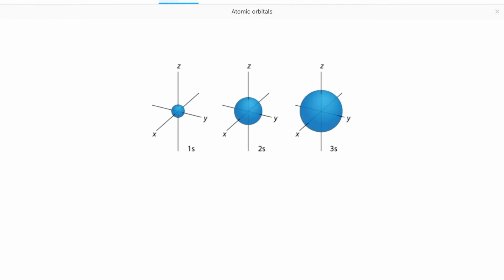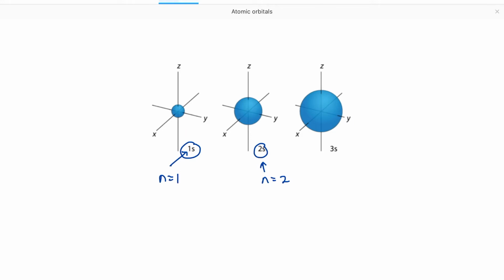Now, each of the energy levels contains an s orbital. This indicator here tells me that this particular s orbital belongs in the n equals 1 energy level or shell. This s orbital is in the n equals 2 energy level, the second energy level.